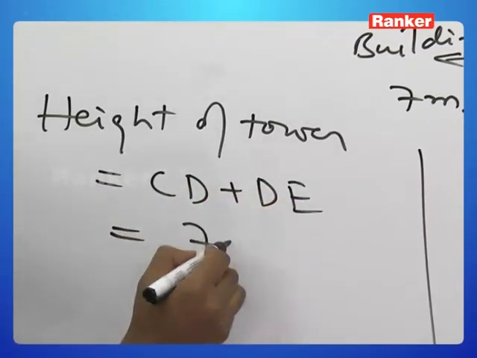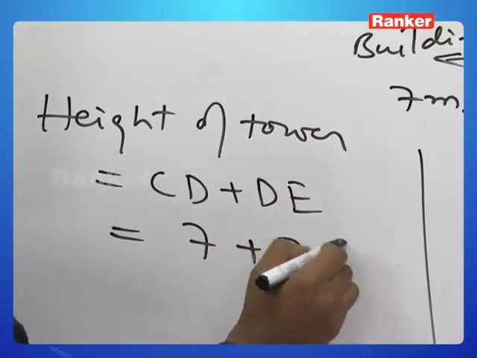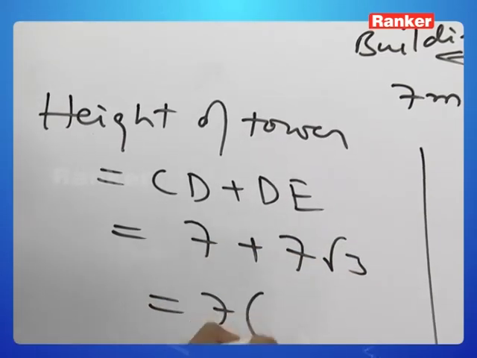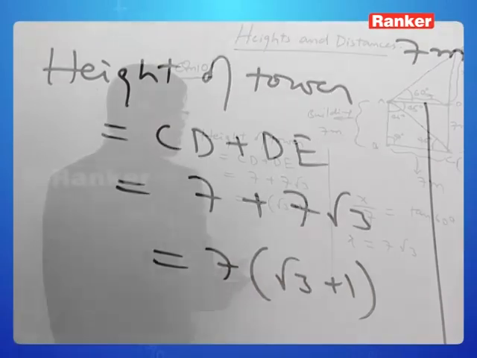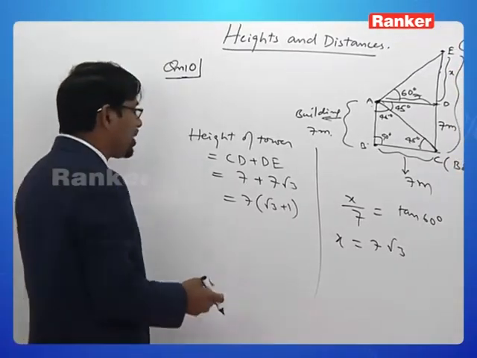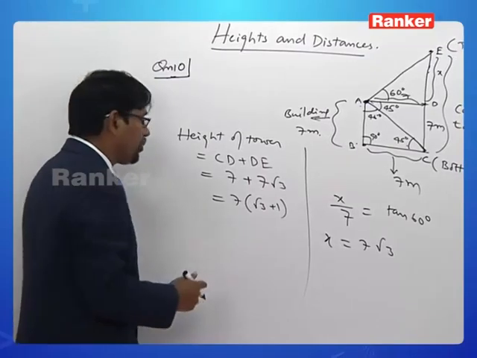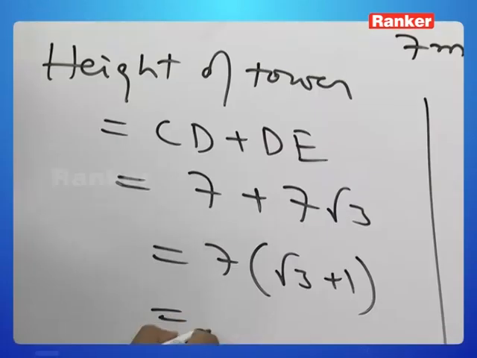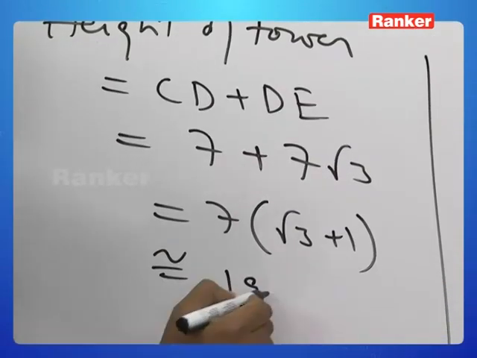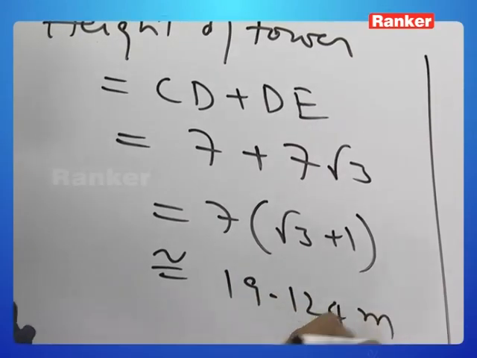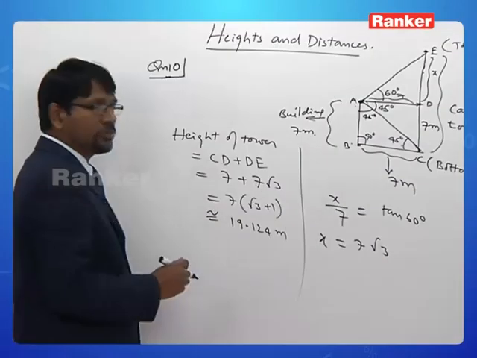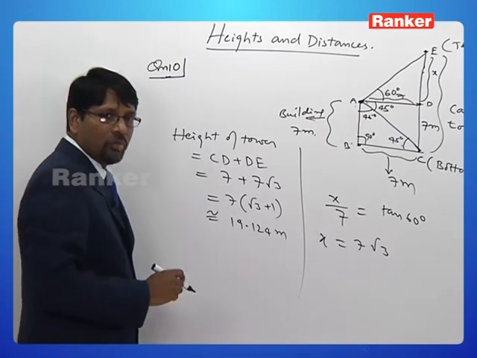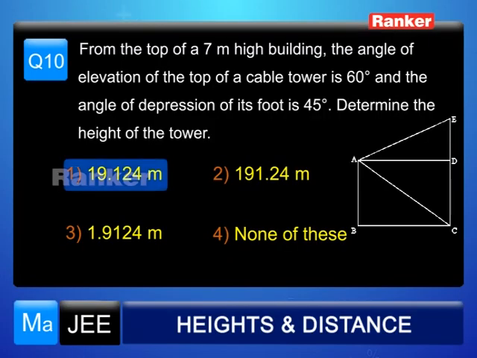CD is 7 meters and this is 7 root 3. So 7 into root 3 plus 1 meters, and that is approximately 19.124 meters. Therefore, option 1 is the right answer.